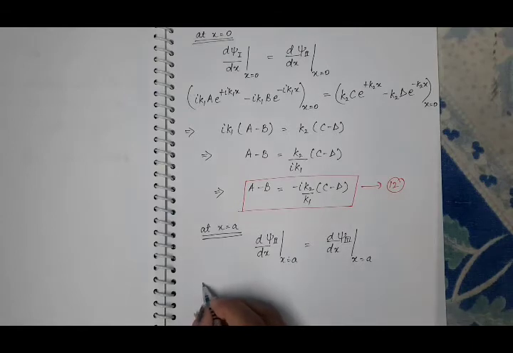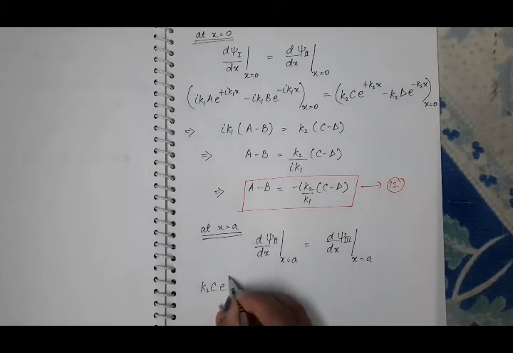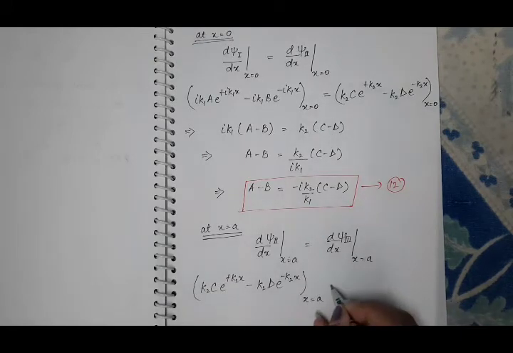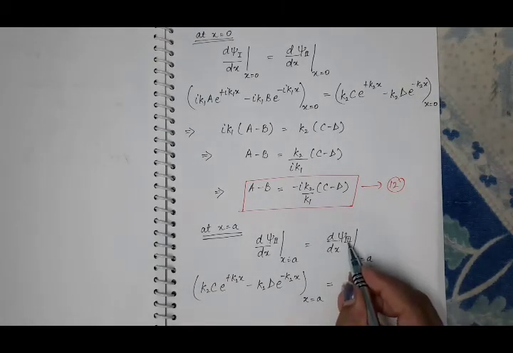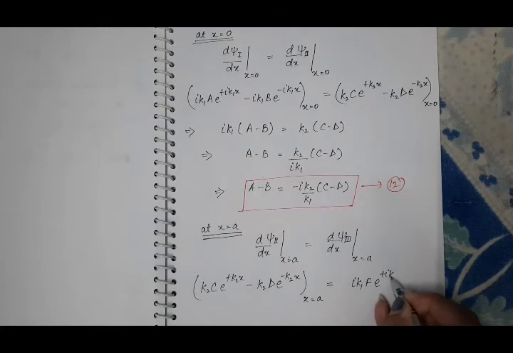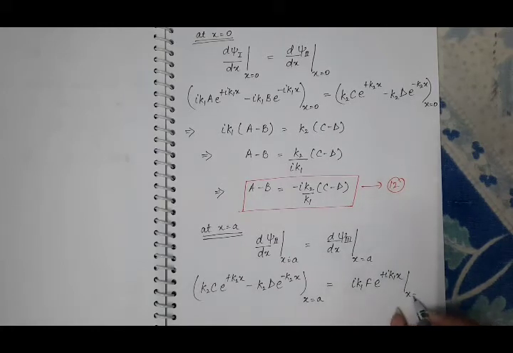It is k2 c e raised to power plus k2x minus k2 d e raised to power minus k2x at x is equal to a. It will be equal to the derivative of psi 3, which is iota k1 f e raised to power plus iota k1 x at x is equal to a.